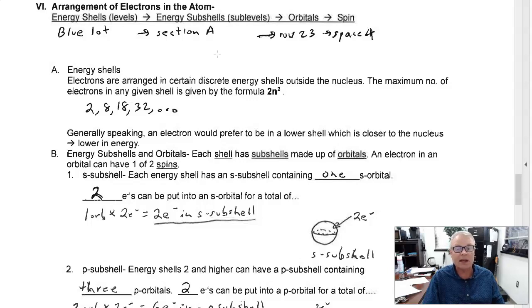Any energy level can have an S subshell. Any energy shell. See, I told you I would do it. Each S subshell here contains one S orbital.